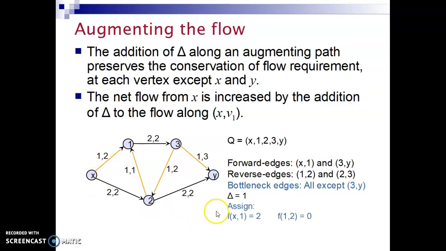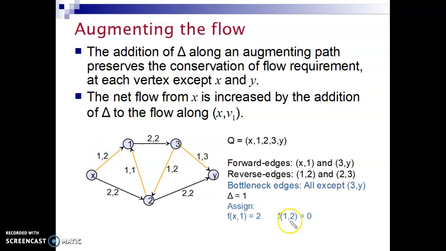We will assign the flow value of 2 to edge x1 here, because I can increase the flow by 1 here up to the capacity. If I increase the value by 1, my flow value here will be equal to 2.